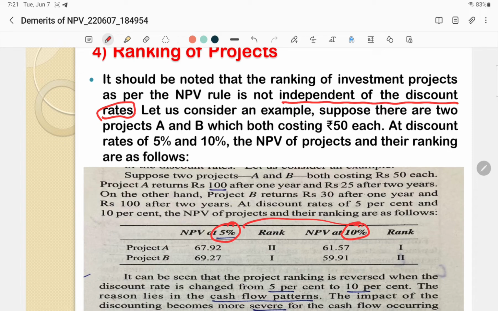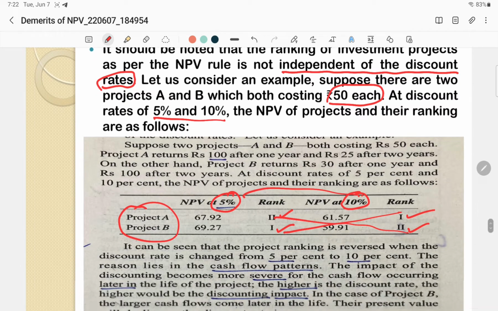At 5% discount rate, project B ranked 1, project A ranked 2nd. But at 10% discount rate, project B is ranked 2nd and project A ranked 1st. So there is a change in the ranking. And the scale of investment in both project A and B is the same, we have invested 50 rupees, so at discount rate of 5% and 10% the ranking of the project is changed.